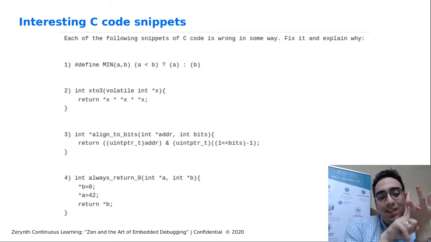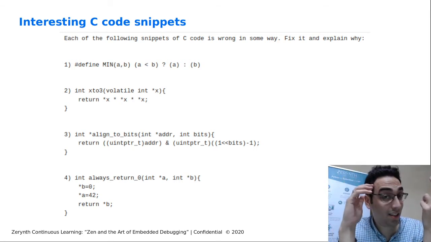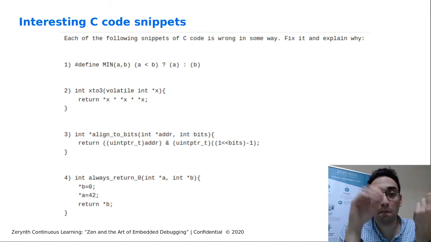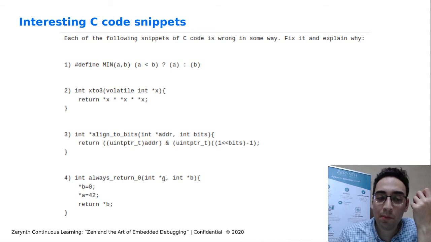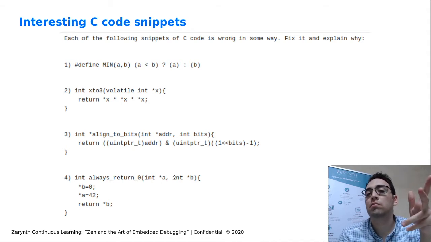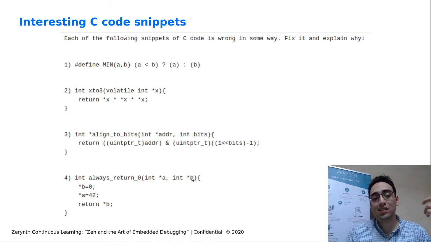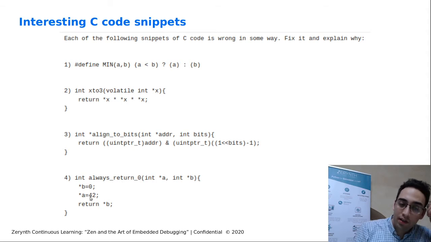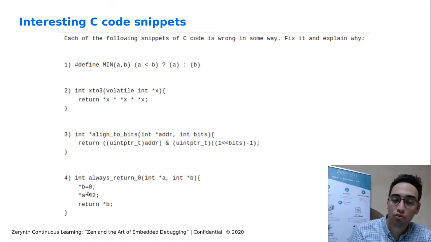The second problem is that this function is called always return 0. But does it always return 0? That's the question. No, it doesn't, because I might supply the same variable in A and B. I might send this function the same variable as argument in A and B. What it does is that it would make the first argument 42 and return the first argument, essentially, because I've just set it to 42.